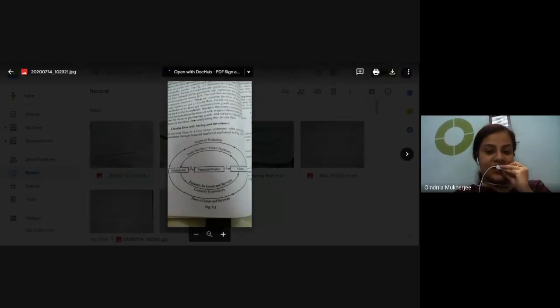As we know, like I told you in the last lecture, households are the owners of the factors of production. So what do the households do? As usual, they supply land, labor, capital and entrepreneur, these four factors of production, to the firms.